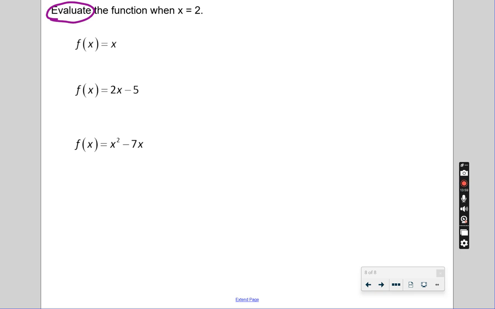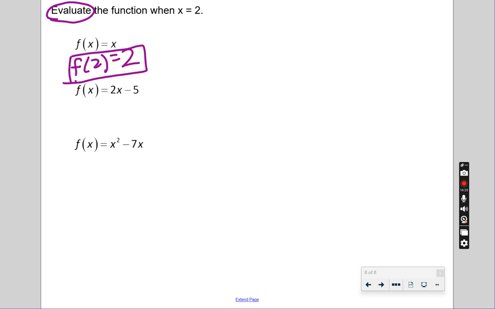Substitute 2 for x. Everywhere I see an x, actually. So this first one, I'm going to write f of 2 equals 2. Is there anything else to do here? No, because this doesn't mean f times 2. This is just function notation. It's saying when x equals 2, the y value is 2. There you go, we're done.